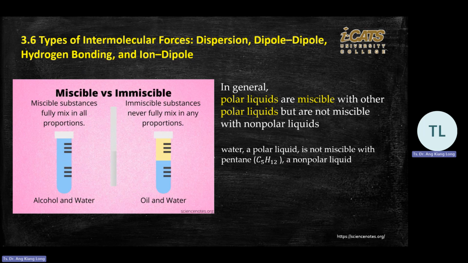Water is polar, so it cannot mix with a non-polar liquid, for example C5H12, which is balanced. If you draw the structure, it will be balanced. So when it is balanced, it is non-polar. Non-polar cannot mix with polar. Non-polar, of course, can mix with non-polar.